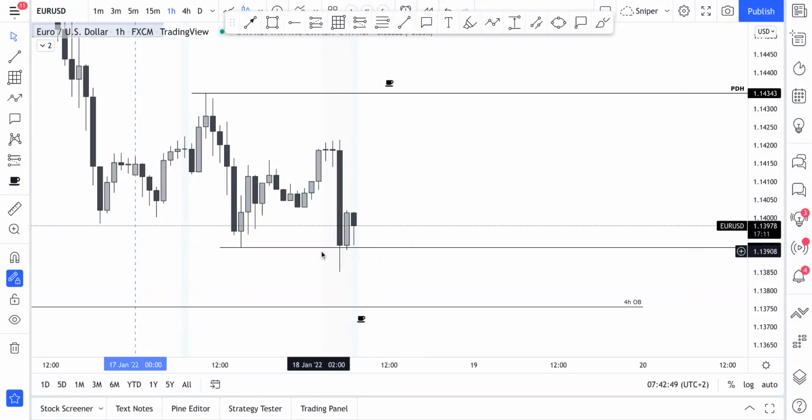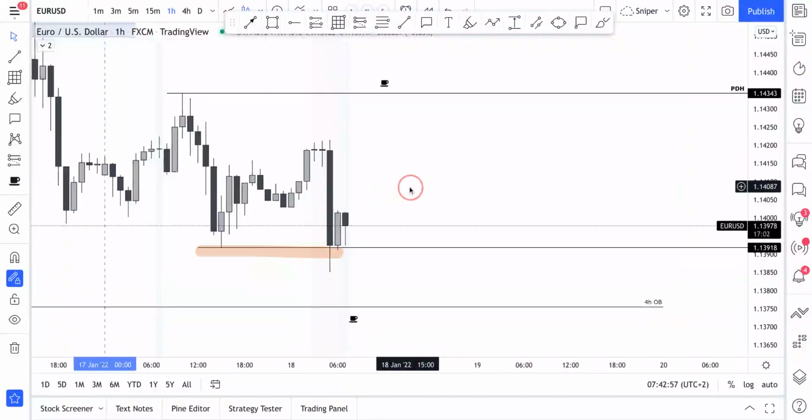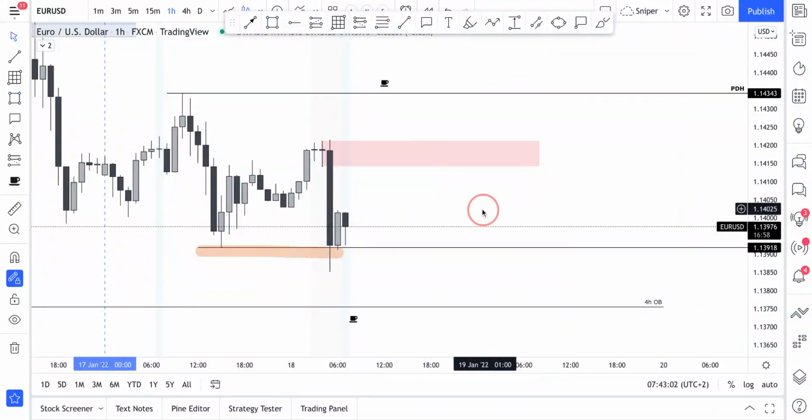So this is still acting as, let's call it, retail support. This is still some sort of support happening over here. But if this were a break, we would have looked potentially at that area for price to return to and then push down.